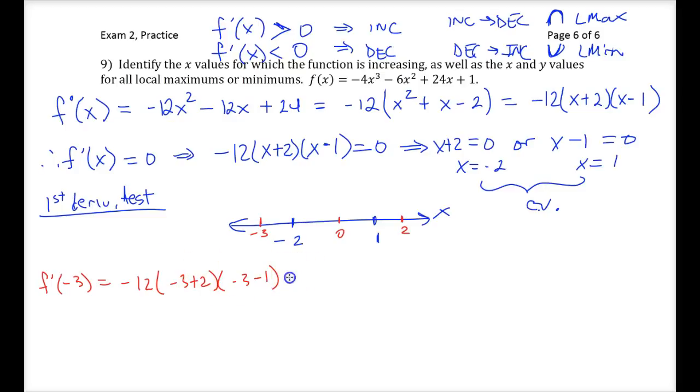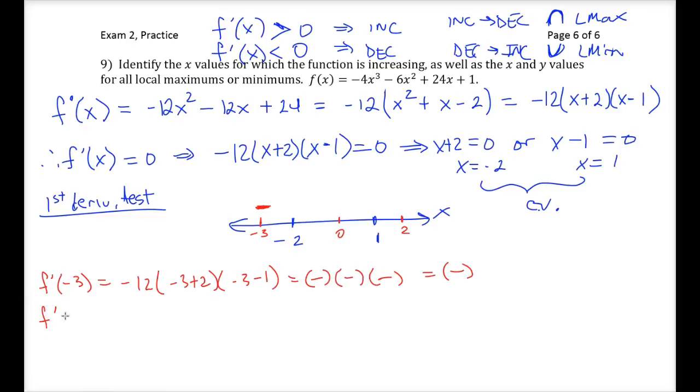And so I see from here that I end up with -12, which is always negative, -3 plus 2, which would be negative, and -3 minus 1, which would be negative. So my result is negative. So from there, I know that my graph is going to be decreasing from x equals -infinity to right before x equals -2.